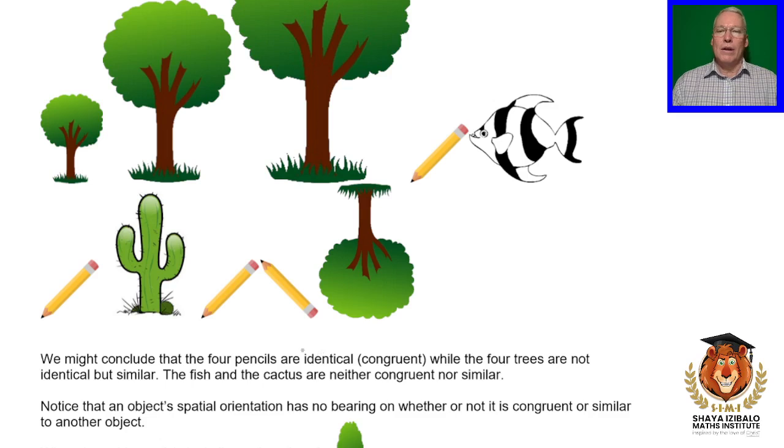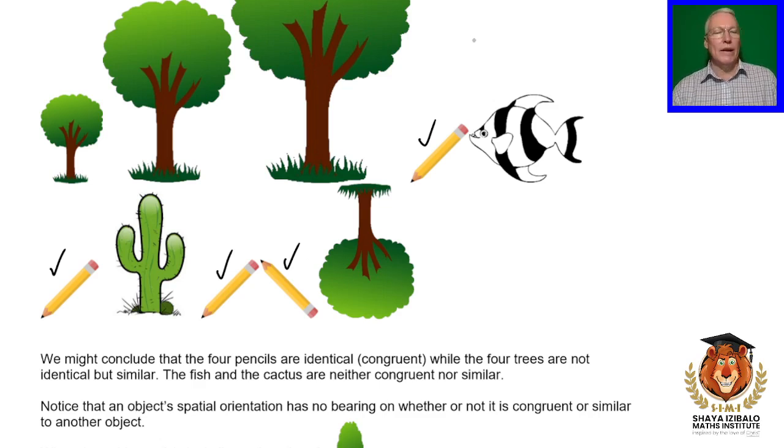Well, these all look absolutely identical. If we look at these trees, they're not identical, but they are similar. The one is just an enlargement of the next. They're in the same proportion, and that's what we mean by similarity.